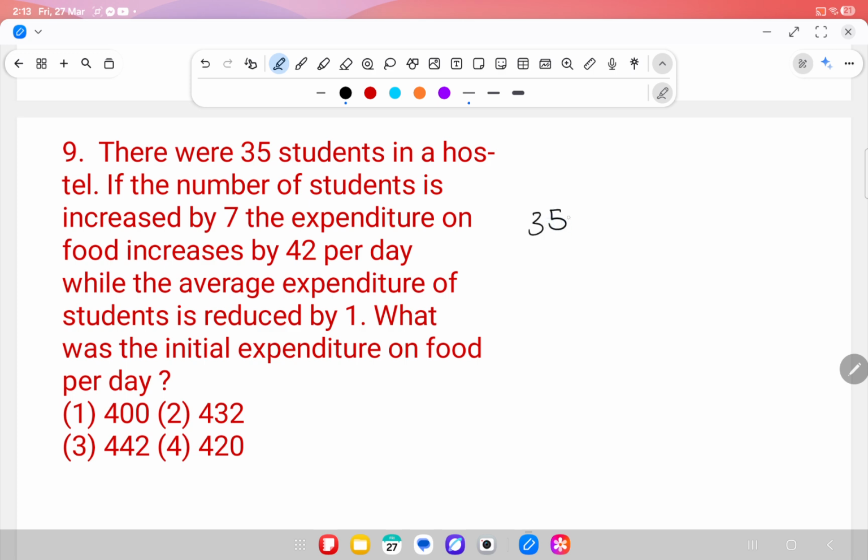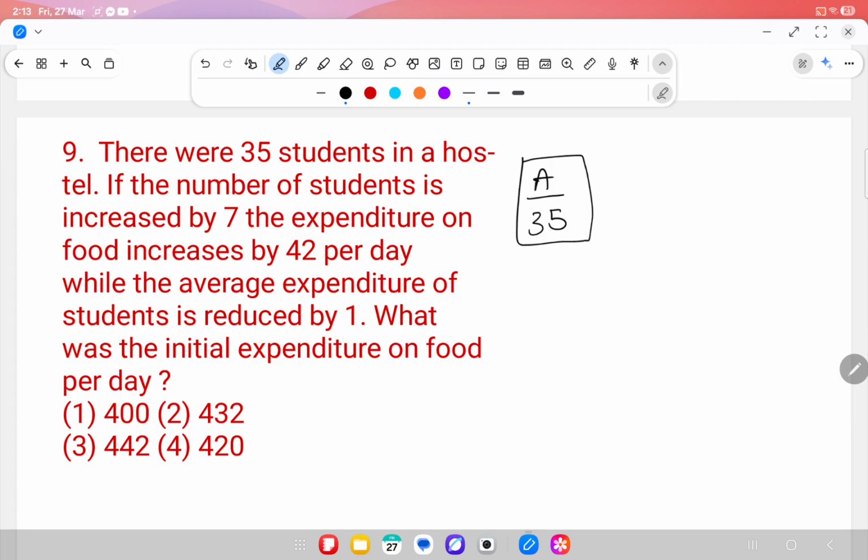If the number of students is increased by 7, well, let us suppose that the total expenditure I am taking as A. Then A by 35, there were 35 students, this gives the average.